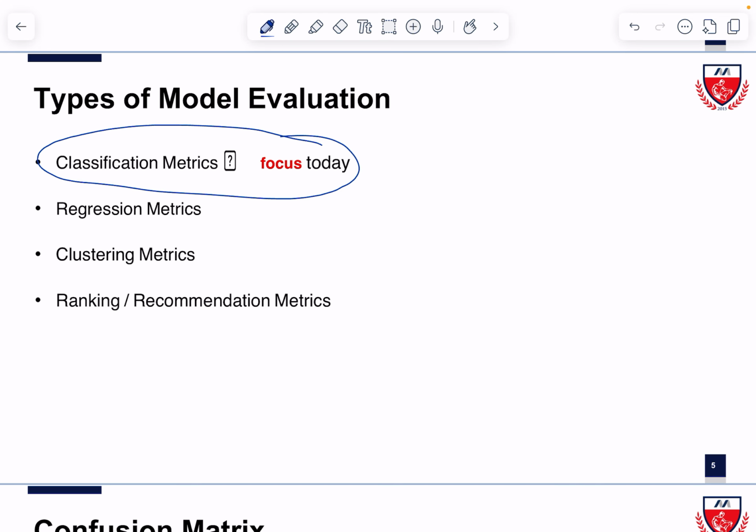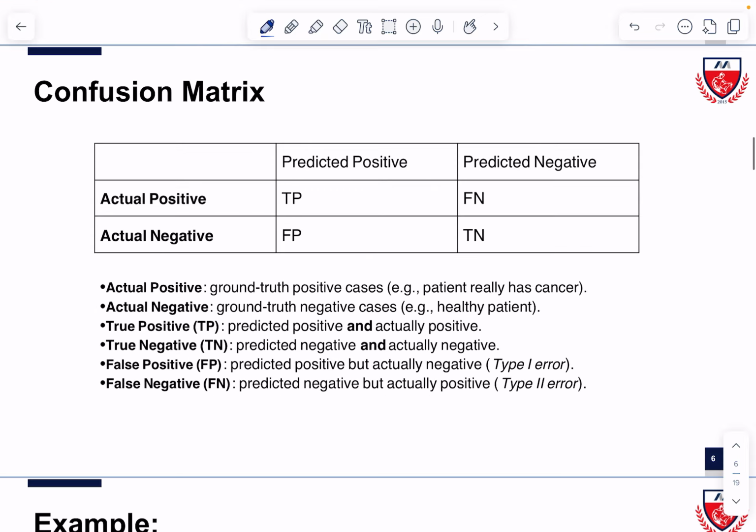In AI, we are going to learn about classification metrics since we are going to focus on the image processing techniques in AI. Now, I have here a confusion matrix table. In our confusion matrix table, we are going to have actual positive, actual negative, predicted positive, and predicted negative.